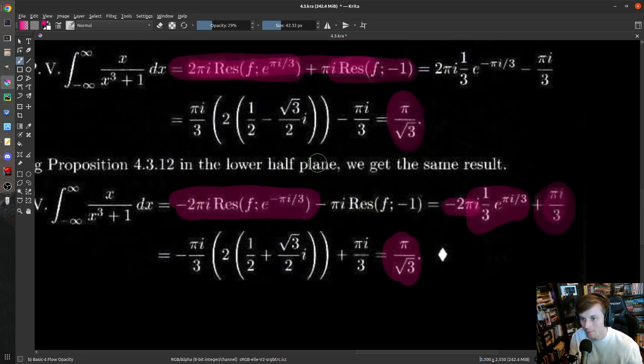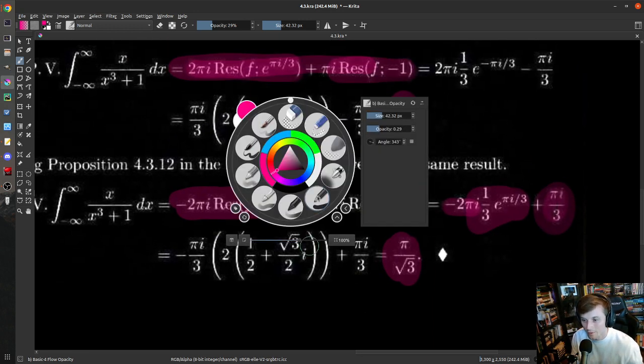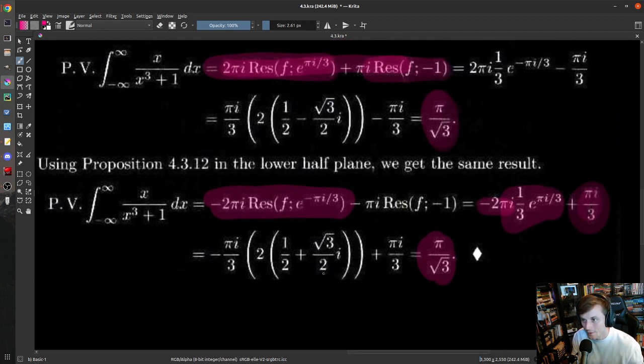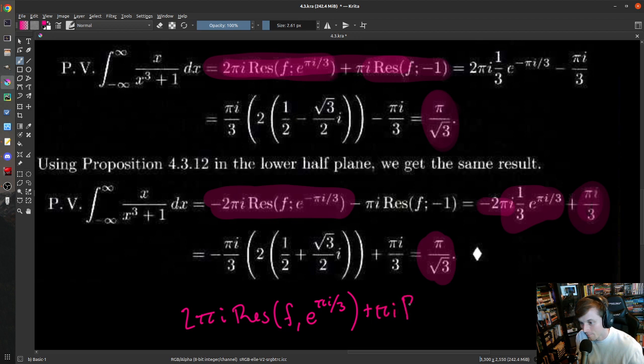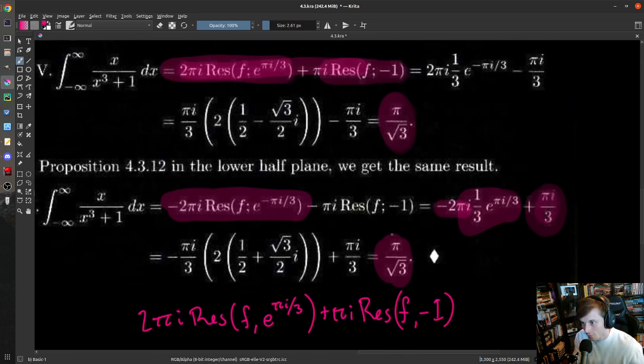Basically all I'm saying is that notice the situation right here, I'll write out what I'm saying, so I'm not just babbling. 2 pi i times the residue of f at e to the pi i over 3, and then you add the residue of f at minus 1. Okay, we get out of that pi over root 3.